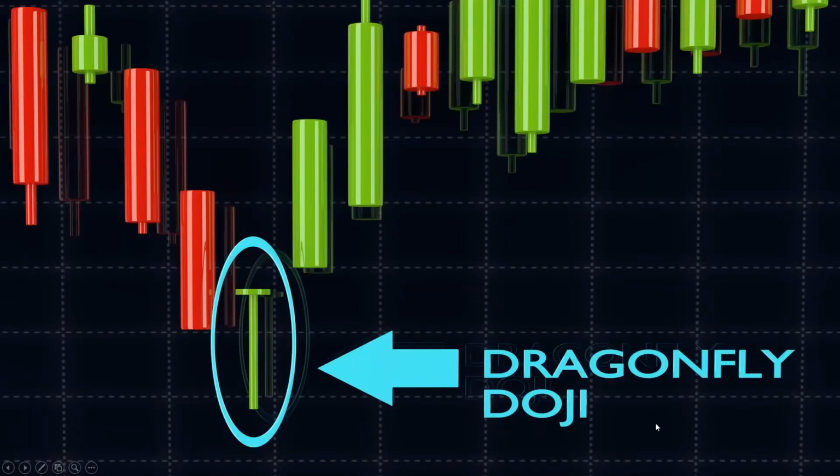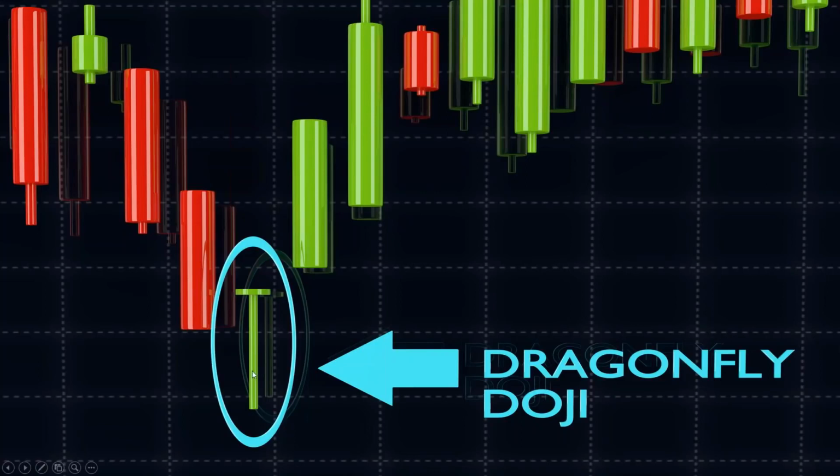Now this is called the dragonfly doji. It's almost the opposite of the gravestone doji. Gravestone dojis happen at the top. The dragonfly doji happens at the bottom of markets. And you can see that it went down and it made a low and it pushed back up to where it opened.